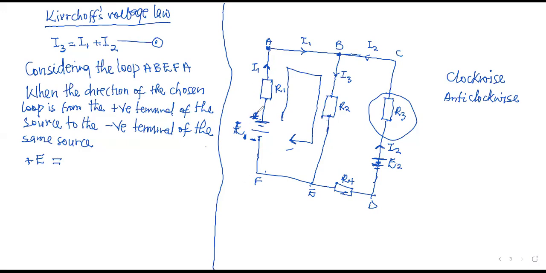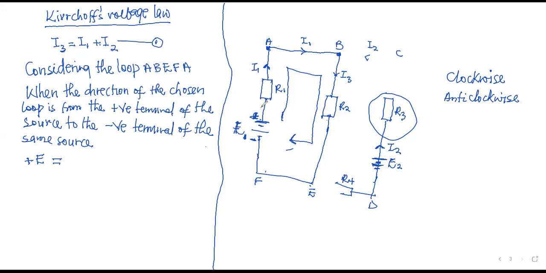Now look at my loop A, B, E, F, A. The moment you pick a loop, it is like cutting out the other parts, so your focus is only on your loop. All other resistors do not count here. It is as if the attention is only on this part. The other part does not exist. So the PD across this.